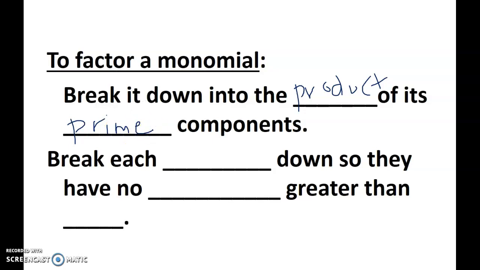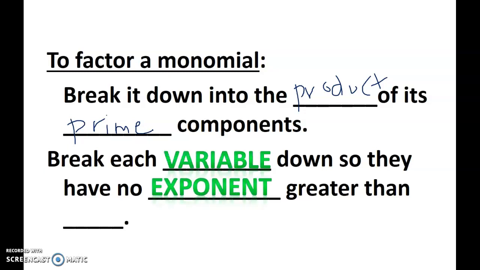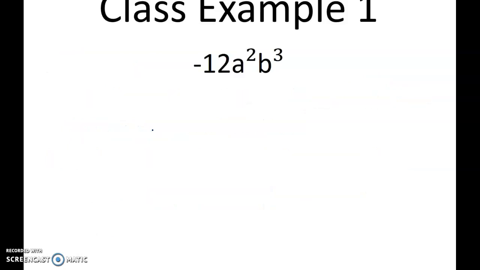And we'll practice what that means. You're going to break each variable down so that it has no exponent that is greater than 1. And here's an example of factoring a monomial, and that's in the box on your notes.